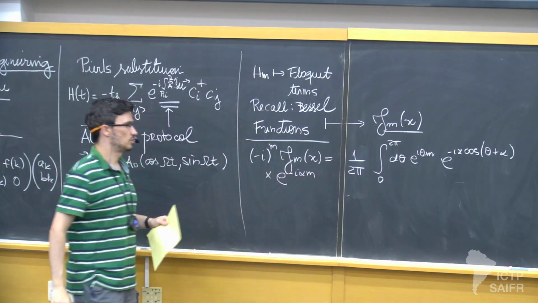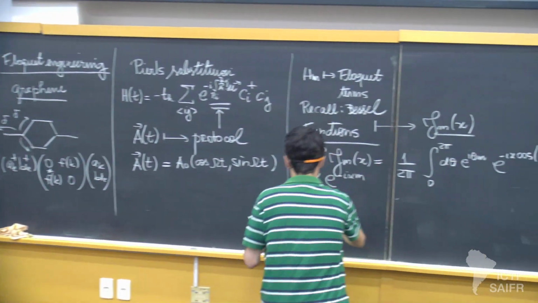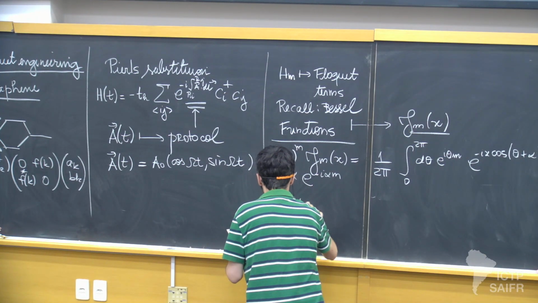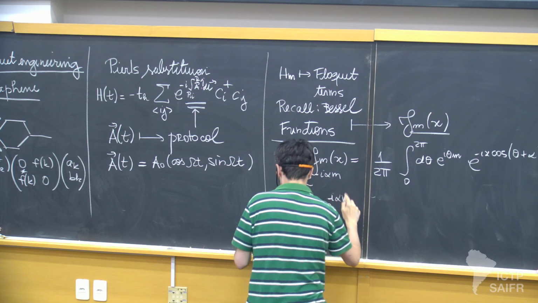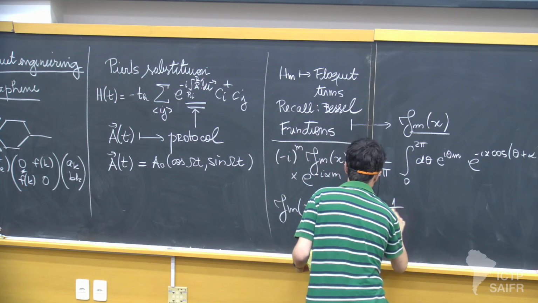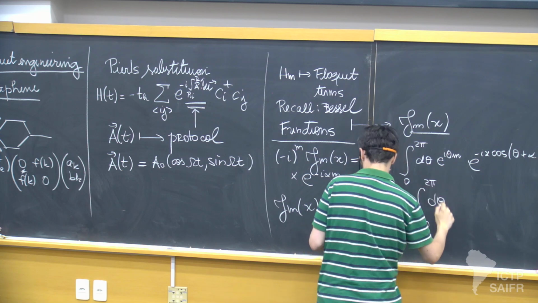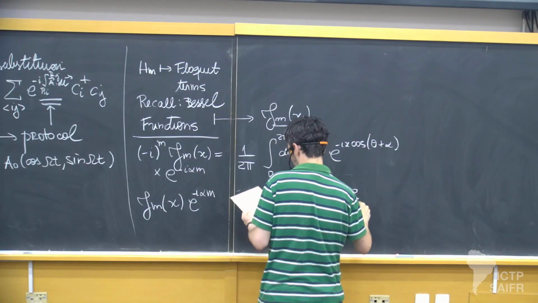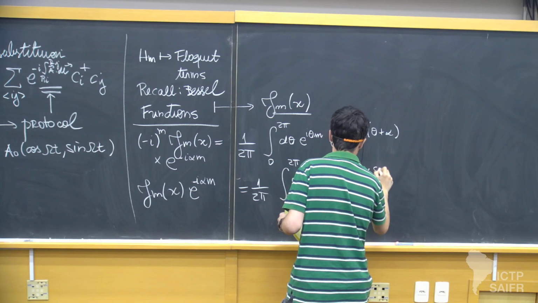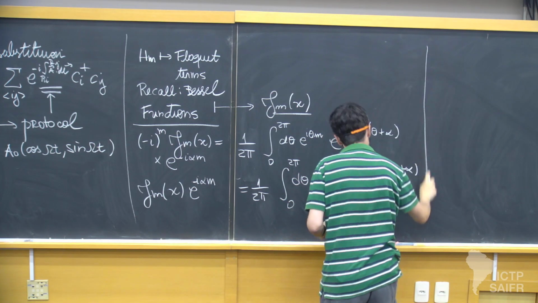So this side has also this. Another one that appears a lot is J_m of x, e to the minus i alpha m. This is 1 over 2 pi, integral from 0 to 2 pi d theta, e to the i theta m, e to the minus i x sine of theta plus alpha.